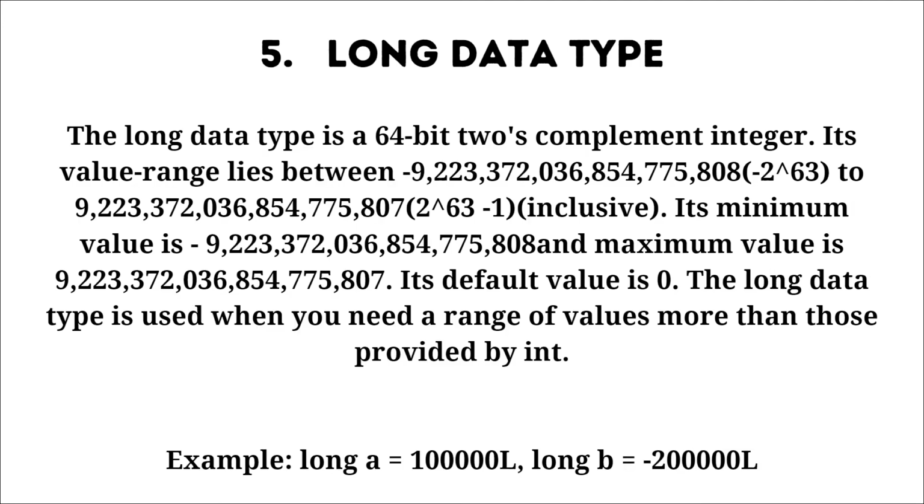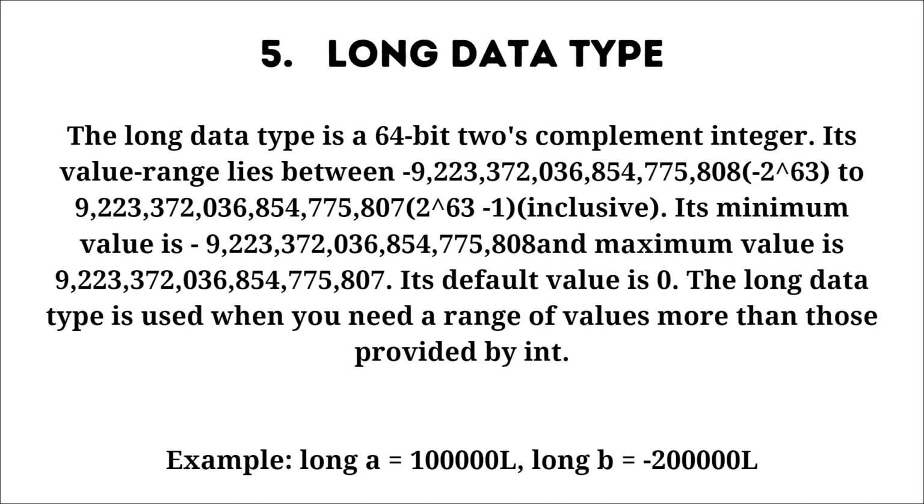So let's go ahead with long, and in that we can definitely mention our mobile number if you are from India. The long data type is a 64-bit two's complement integer. Its value range lies between this number and this. Its maximum value is this and the minimum is this.